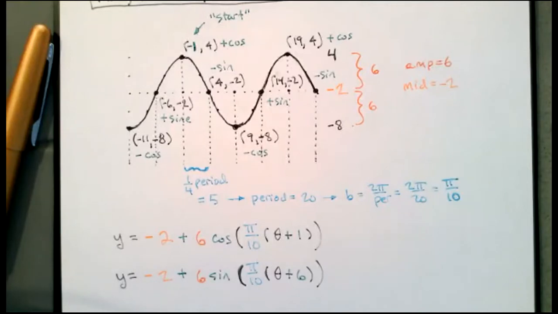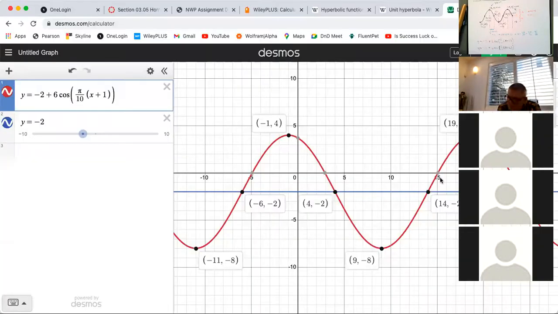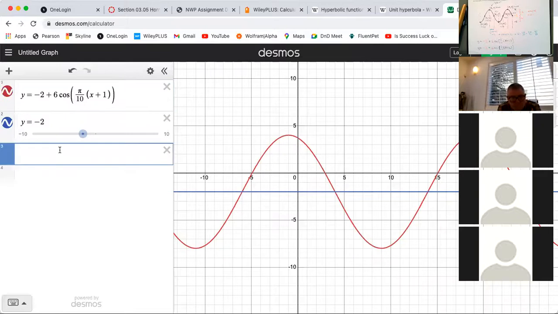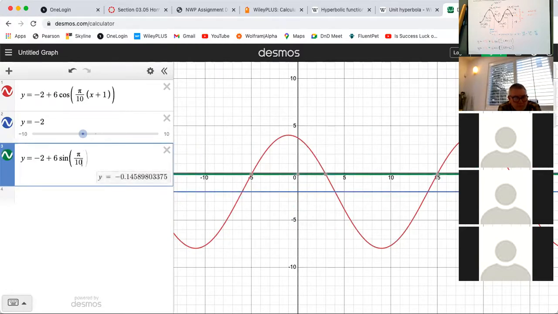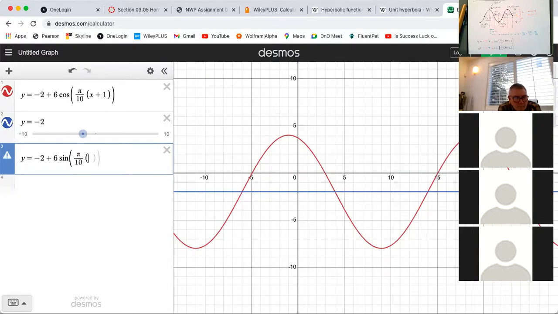Now, if I jump over to Desmos to make sure that this is going to give us the equation that we want, I'm going to type y equals -2 plus 6 times the sine of pi over 10 times theta plus 6, which really is theta minus a -6.